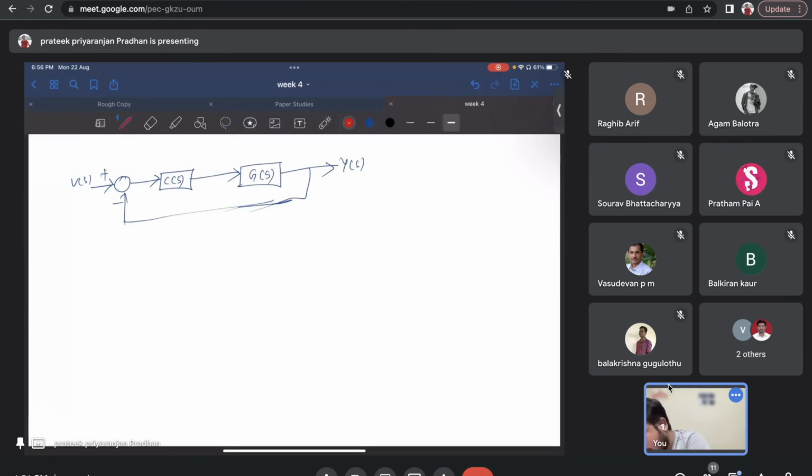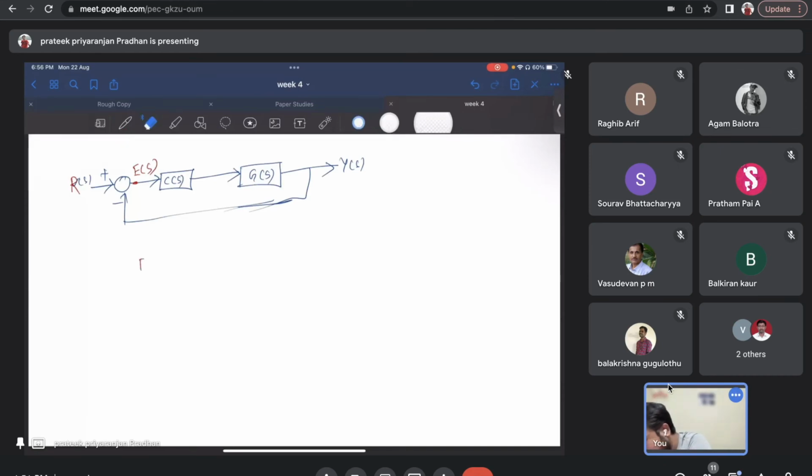This is called the error, because it is the reference minus the actual output. So that is called the error.